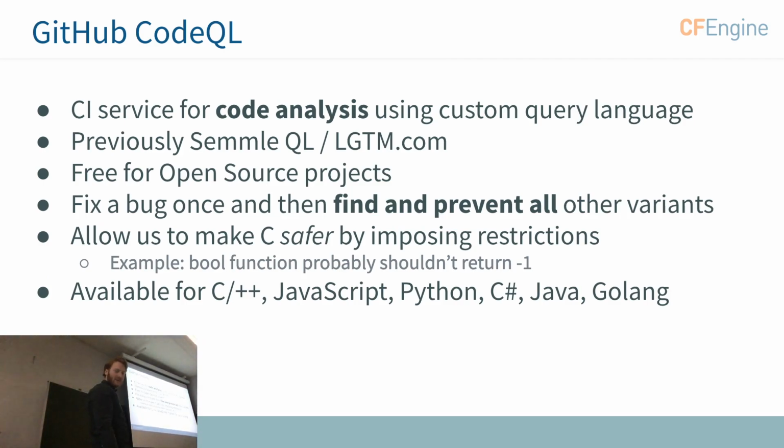So, as mentioned earlier, we want to be more proactive about finding the difficult bugs, the security bugs, and things like this. A while ago, we started using something called Semmle QL, or lgtm.com, which is now acquired by GitHub.